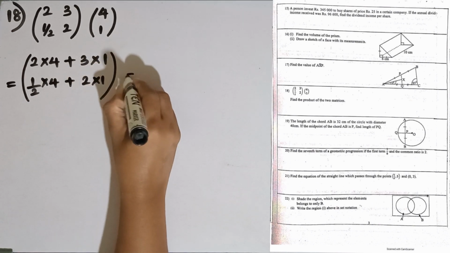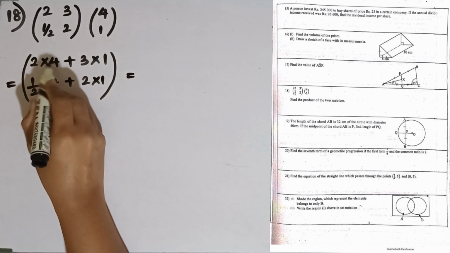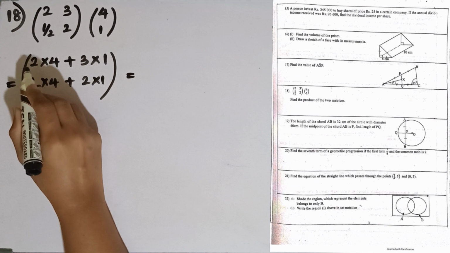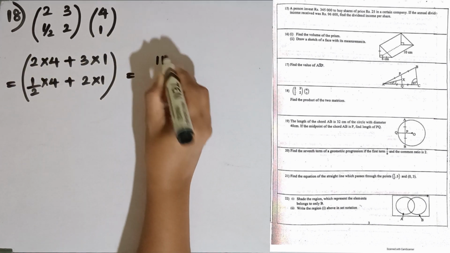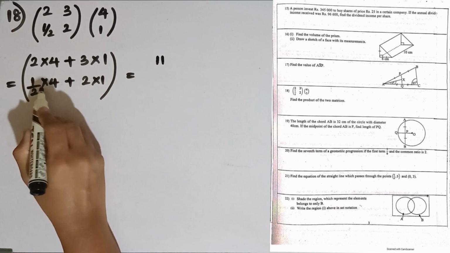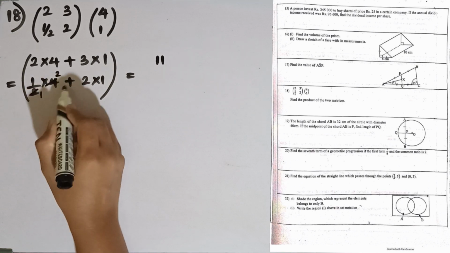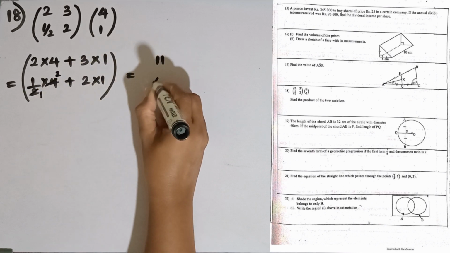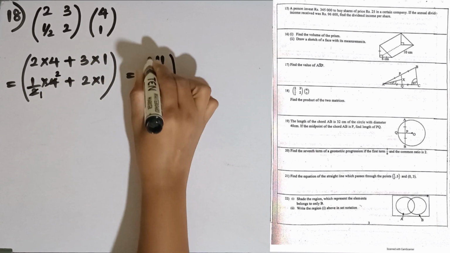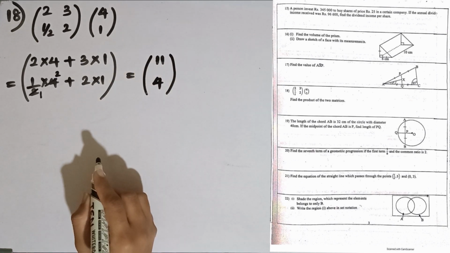Then this is equal to 2 multiplied by 4 is 8. Then here 3. Then 8 plus 3, 11. Then here 2 times 1, 2 times 2. Here answer is 2. 2 plus 2 is 4. So this is the matrix you get here.